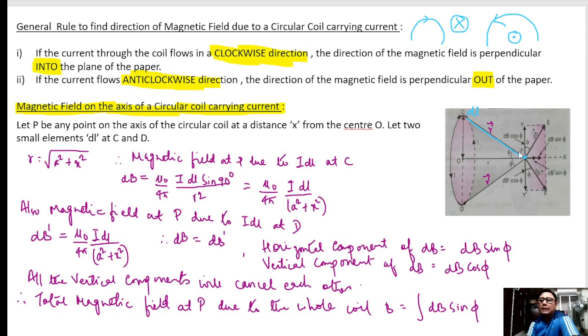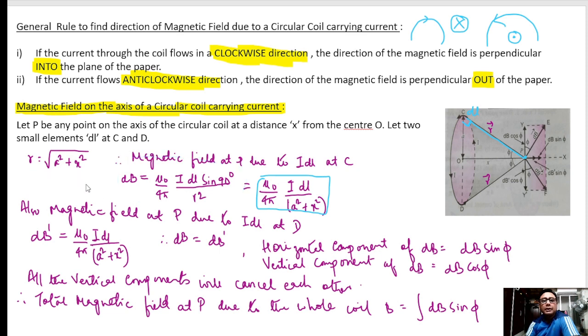This is our r. According to the Biot-Savart law, the magnetic field due to a current element is given like this, where theta is 90 degrees, since this acts as a tangent, so sin 90. This is the magnetic field due to the current element. Clear?